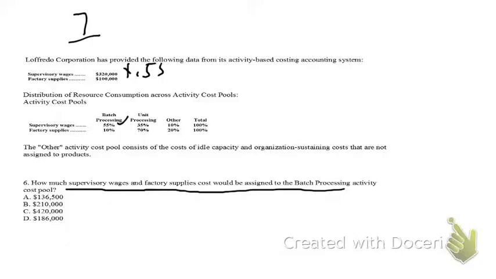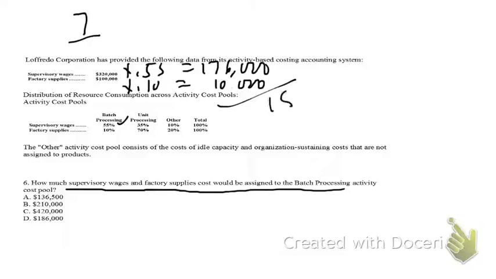That gives us 176,000. Then I take the factory supplies of 100 grand, multiply it times 0.10, which is 10%, which will be 10 grand. So I've got 176 grand plus 10 grand, total is 186,000. That is question number 7.